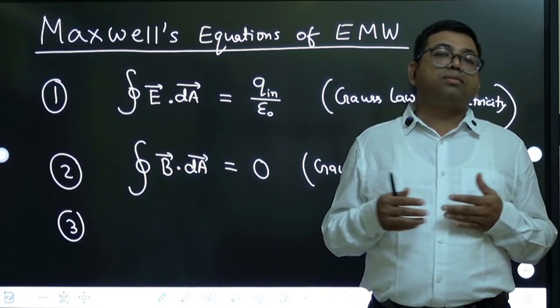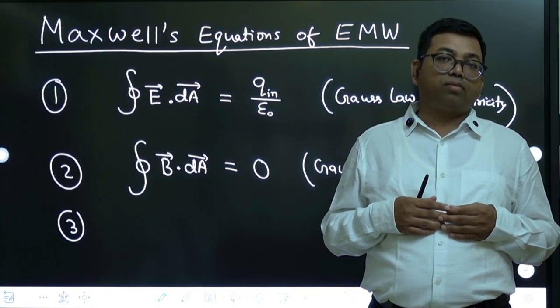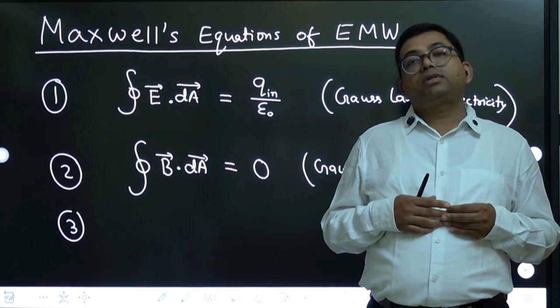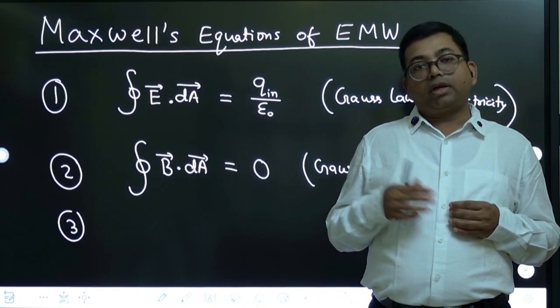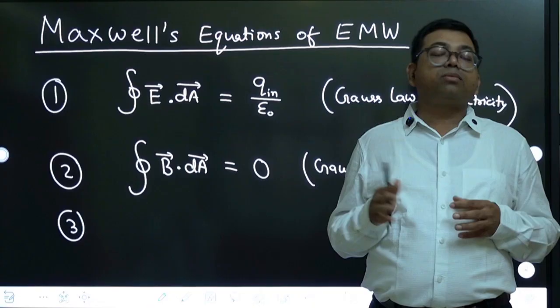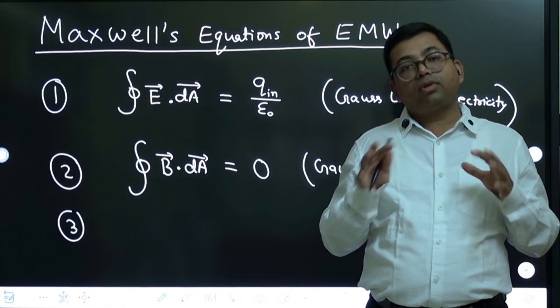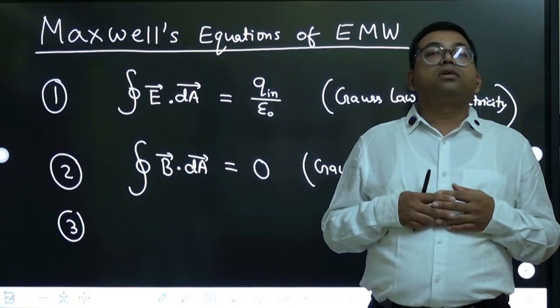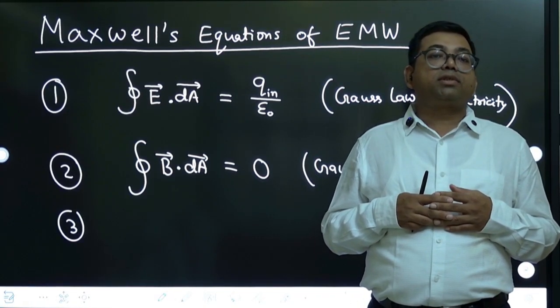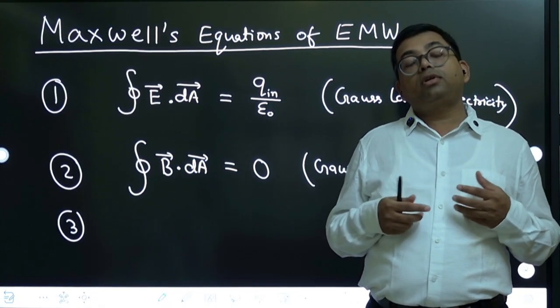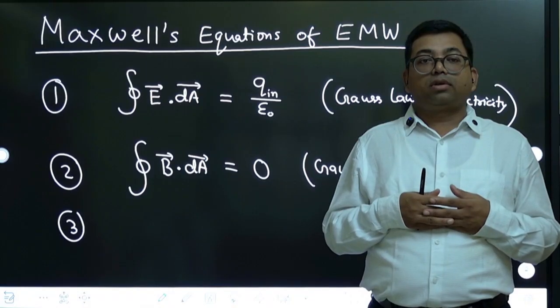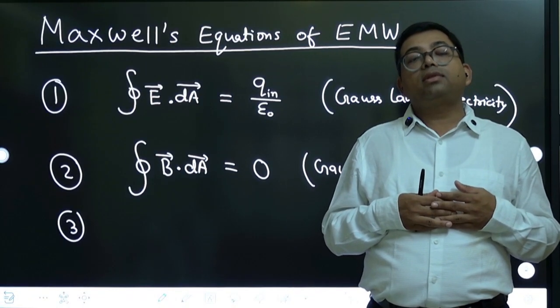So he has given the theory of electromagnetic waves, which you will study in higher grades if you go into engineering. Right now in this chapter we are not studying much about the electromagnetic wave theory given by Maxwell, that is not part of our syllabus. In order to derive that theory, he used all these equations.